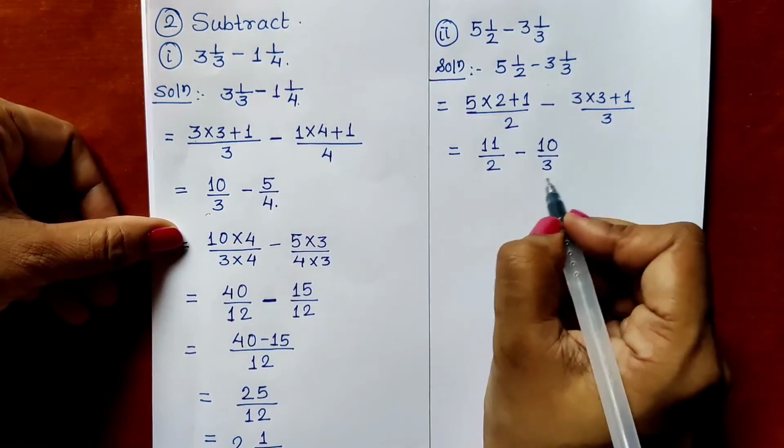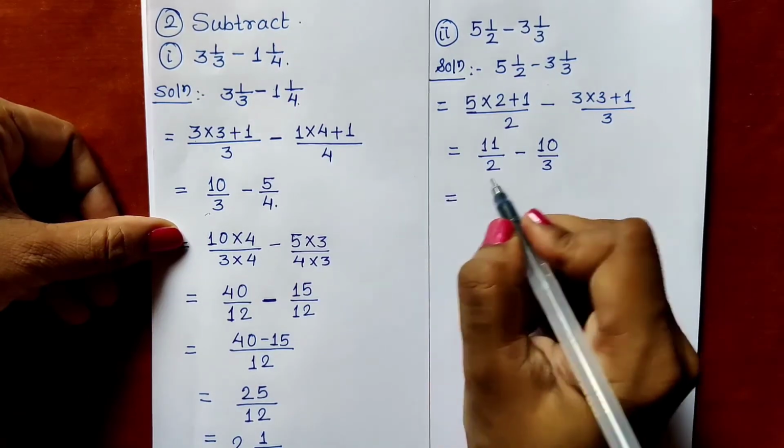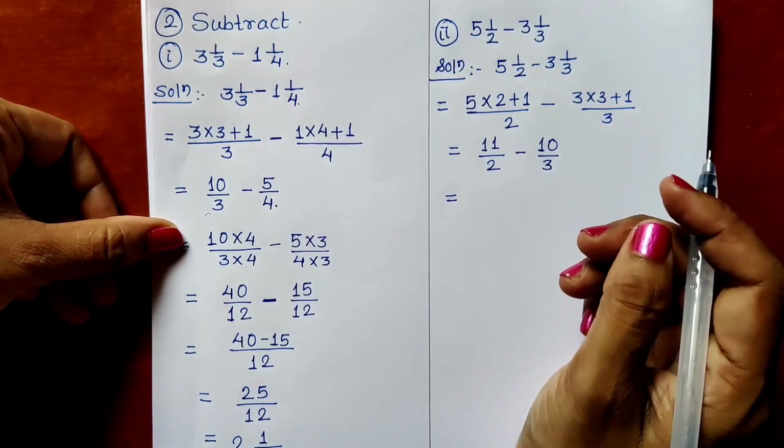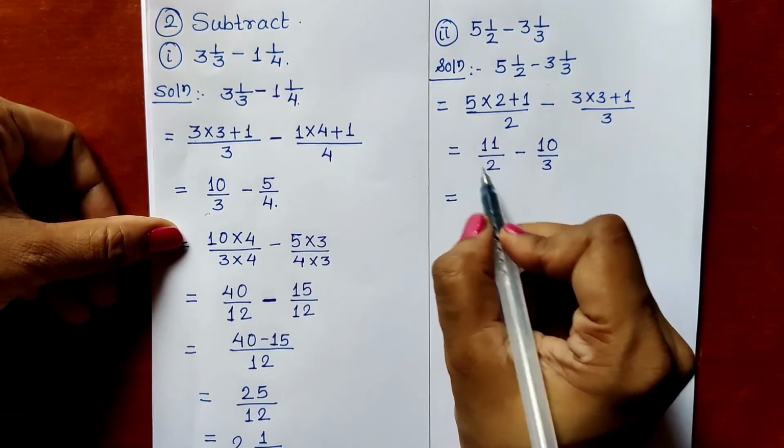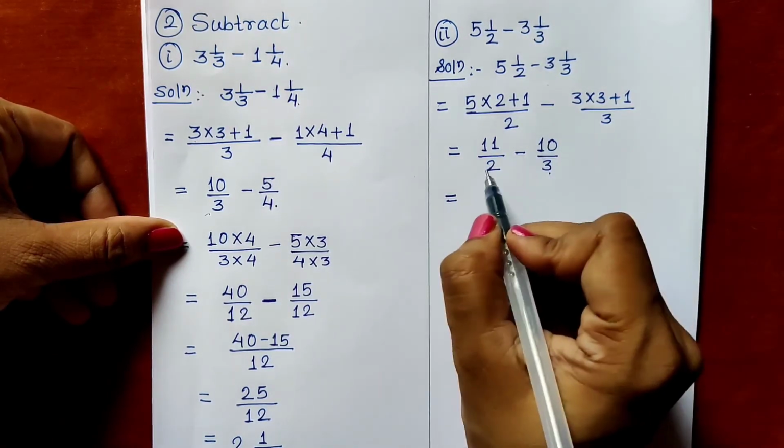We have got these 2 improper fractions. We cannot directly subtract. We have to equalize the denominators. So we have to multiply this first fraction by 3 and second fraction by 2.